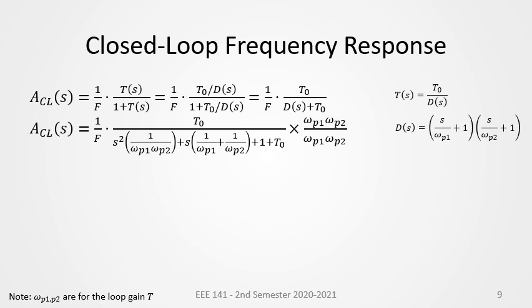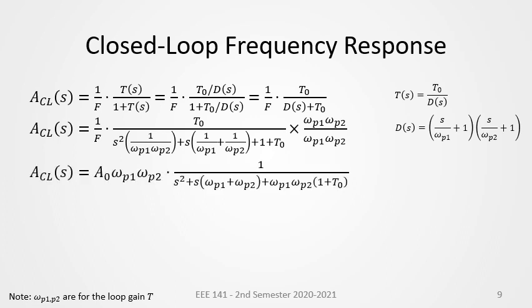To determine the roots of the denominator, we need to expand D of s. So D of s here is expanded, plus T naught. We also multiply both the numerator and denominator by omega p1 times omega p2 to make the s squared term in the denominator have a factor of 1.